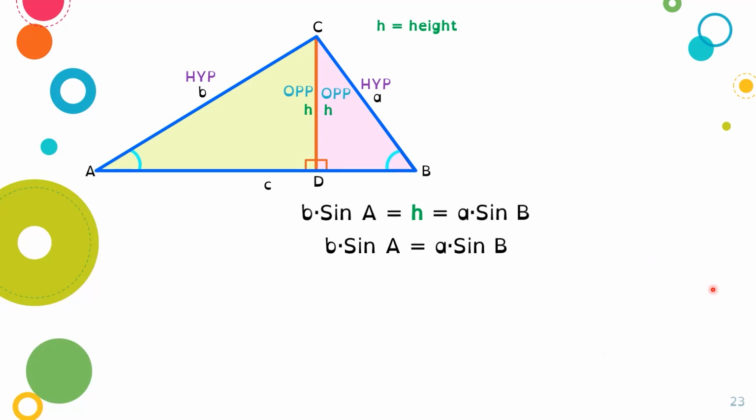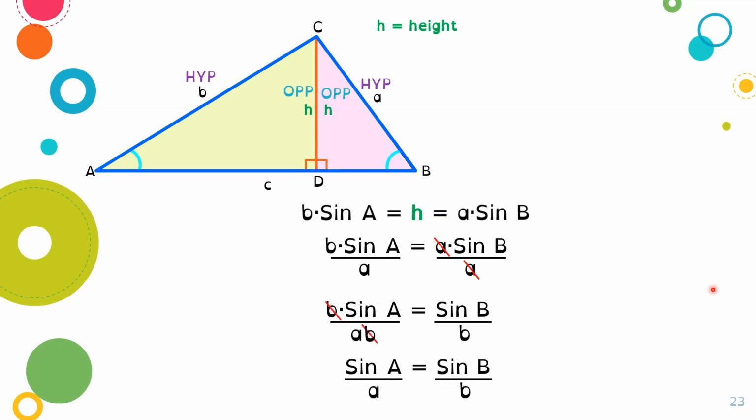So b times sine A is equal to a times sine B, which we can rearrange if we divide both sides by a. The a cancels off on one side. Then we divide both sides by b, and the b cancels off on the other side. And we're left with sine A divided by a is equal to sine B divided by b.